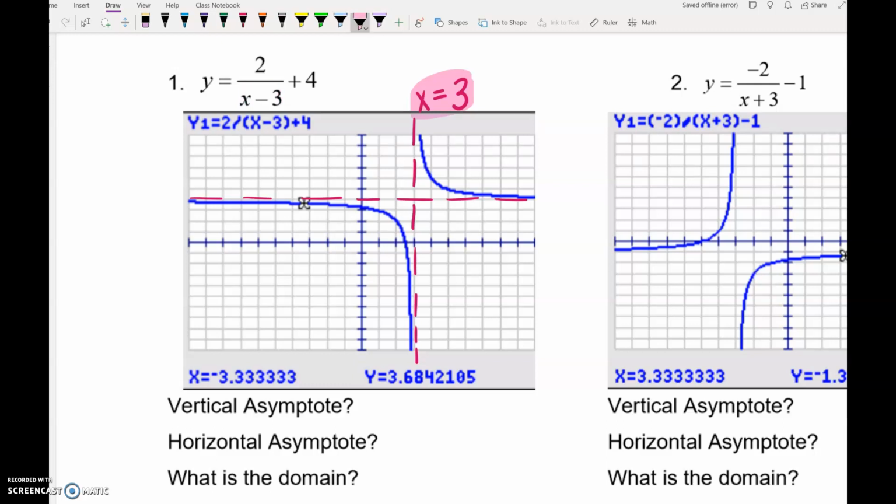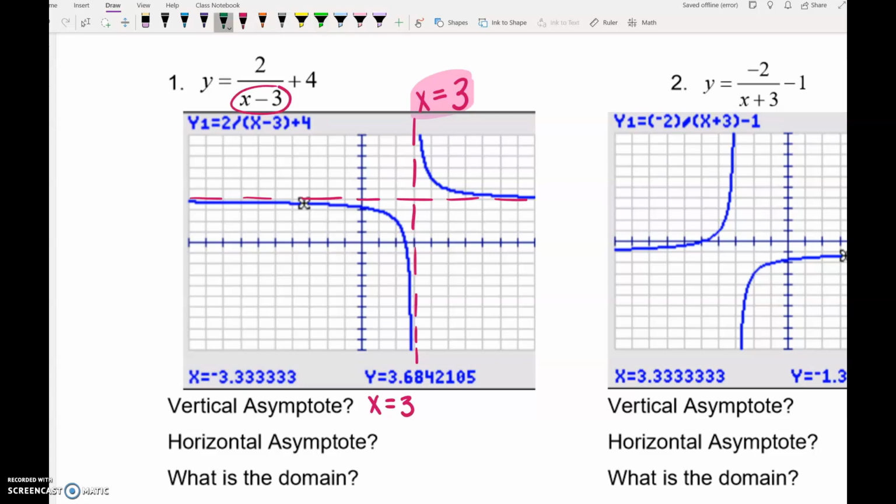If you were to plug that 3 in, what is 3 minus 3? 0. Can you do 2 divided by 0? No, that's a massive rule in math. You can't divide by 0. So an x value of 3 creates a situation that's mathematically impossible, and that's why there's a vertical asymptote. That's why there are no points there. So our vertical asymptote is x equals 3, and that comes from the bottom of that fraction.